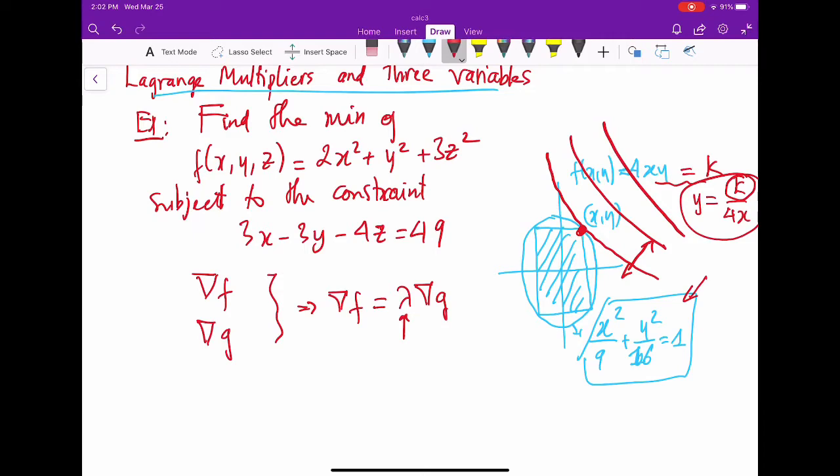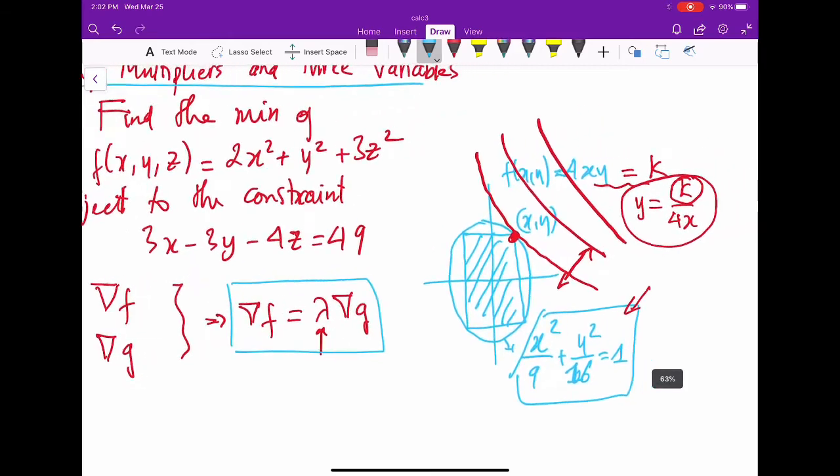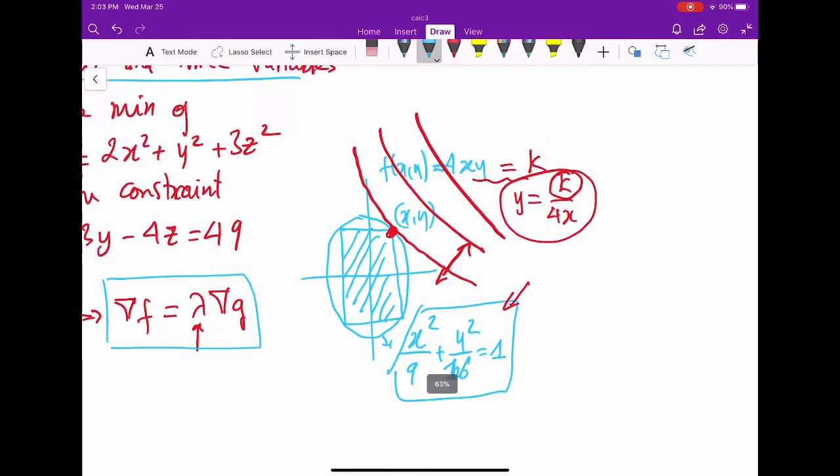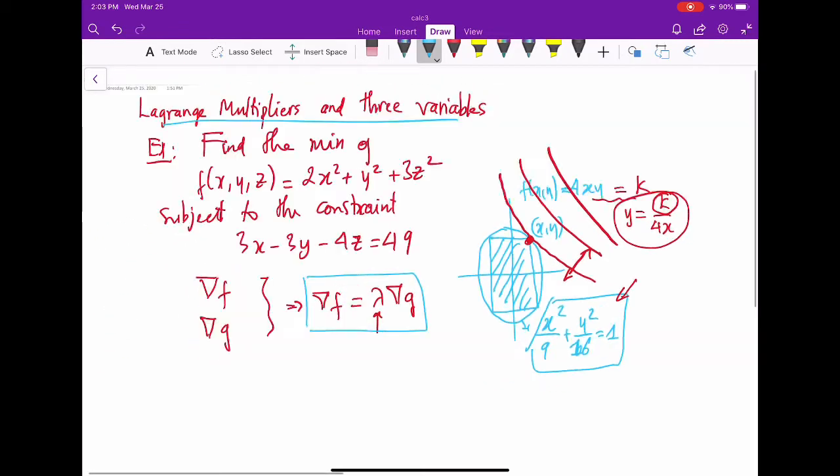The idea is almost the same. We still have this picture, but for surfaces. So basically, for a function of three variables, I will have this equation together with the constraint. Make sense?